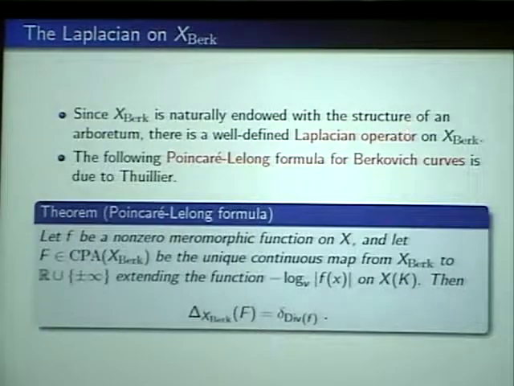So anyway, what I told you before is that this function was harmonic outside the zeros and poles. And now I'm saying something more precise, that the Laplacian is actually 0 outside the zeros and poles, which does mean harmonic, but at the zeros and poles, it picks up the multiplicities. And so this is some kind of generalization of the theory of valuation or Newton polygons to the case of general curves, if you want to think about it that way.